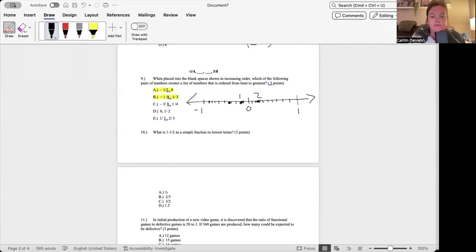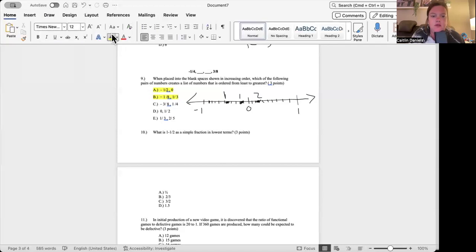Something right there, not half, but almost. And then 1/4, which is like the same thing in here, I guess. So that's also an ascending order.